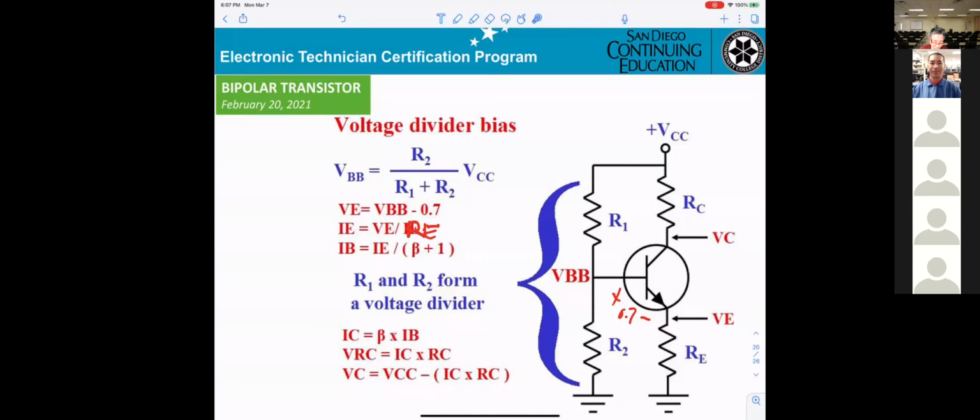If you want to calculate IC, it's beta times IB. If you want to calculate VRC, that means the voltage drop across RC, it's IC times RC. And if you want to calculate VC right here, that will be VCC minus IC times RC.